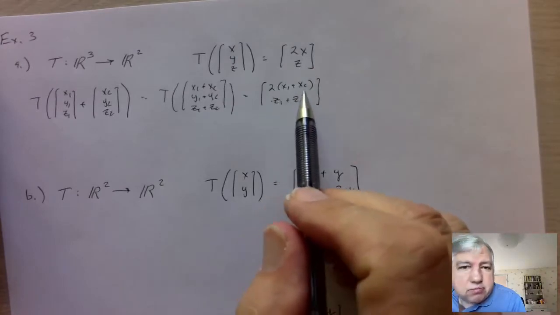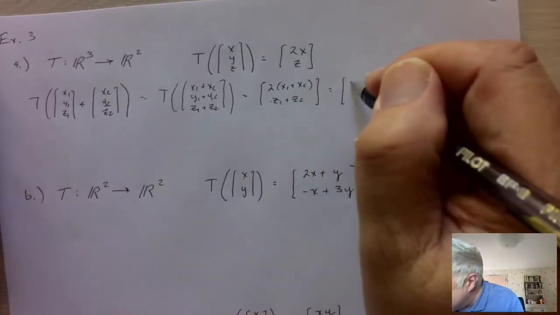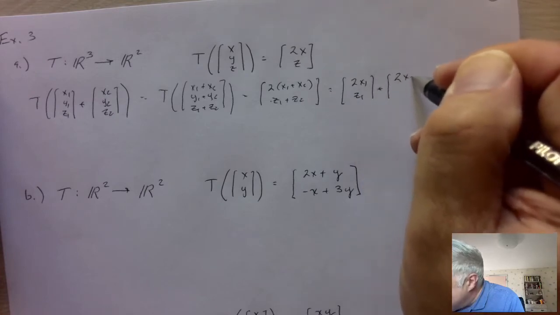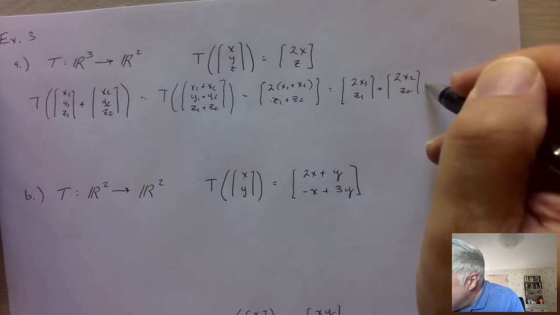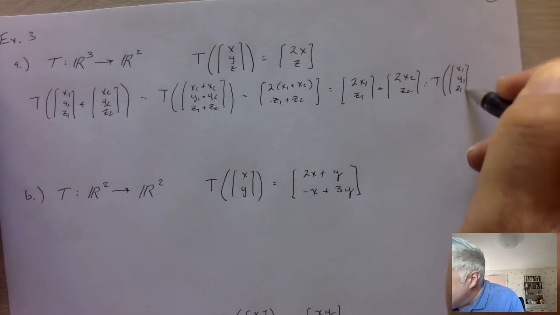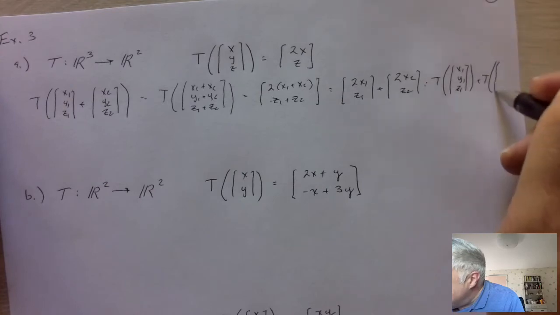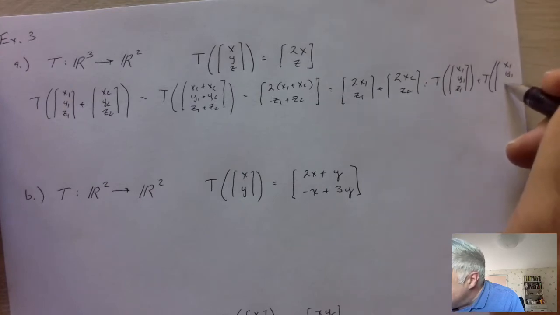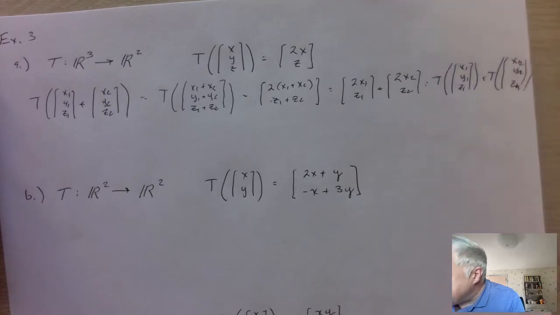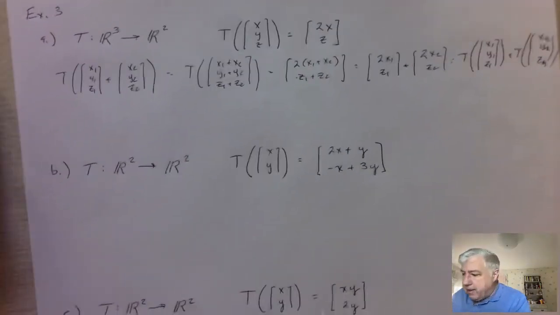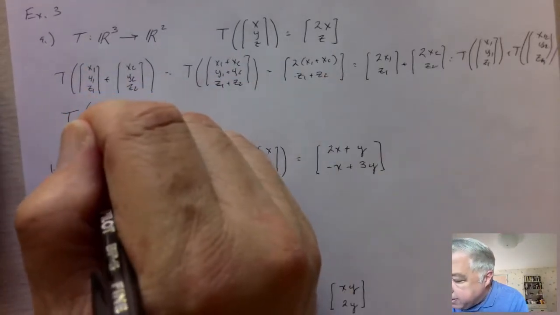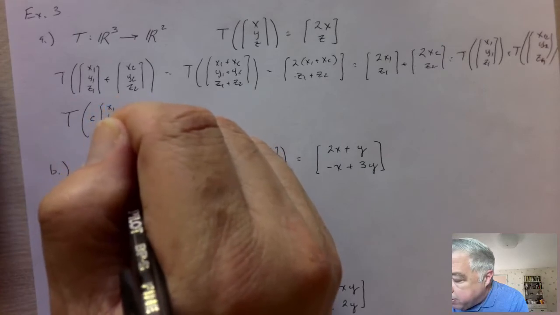This is 2x1 plus 2x2, and then we can break up the vectors as (2x1, z1) plus (2x2, z2), which is T of (x1, y1, z1) plus T of (x2, y2, z2), rather, 2 should be 2's.